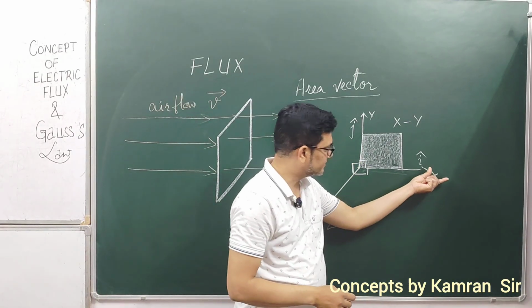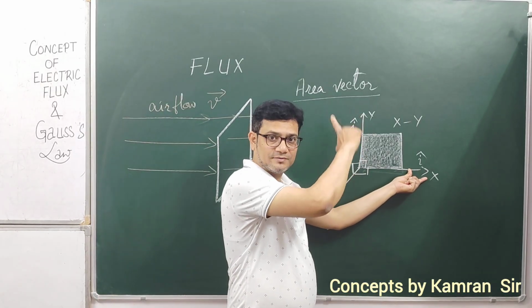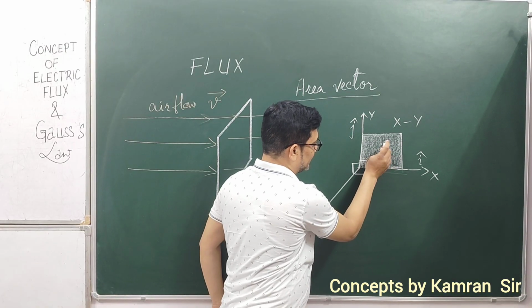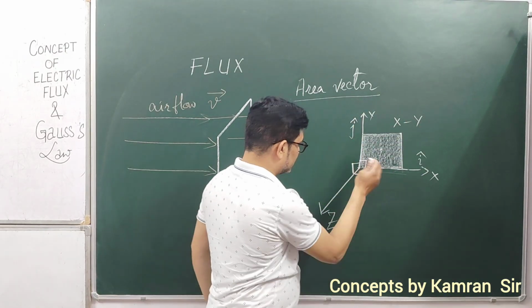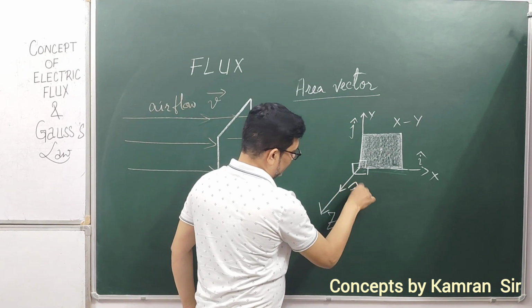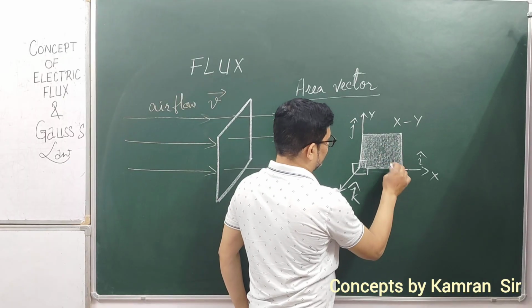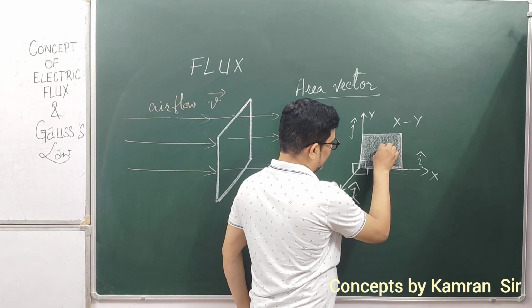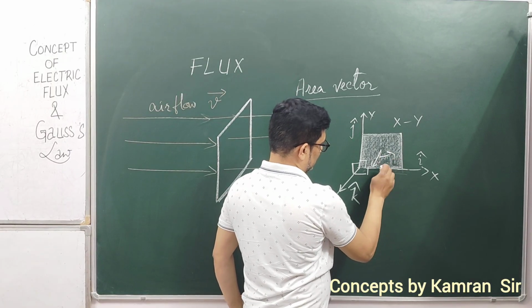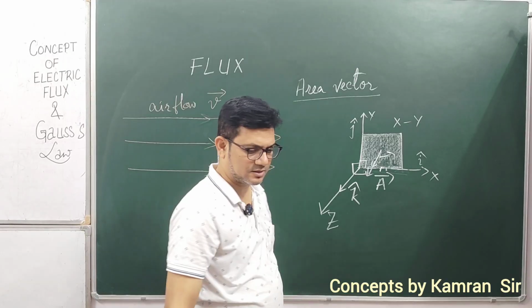मतलब अगर ये x axis के along इसका length है, y axis के along इसका breadth है, suppose, then here if we imagine that this is facing towards this side, and we associated another vector here, unit vector k. So the area vector that we are trying to conceptualize has this direction along the z-axis, along k.